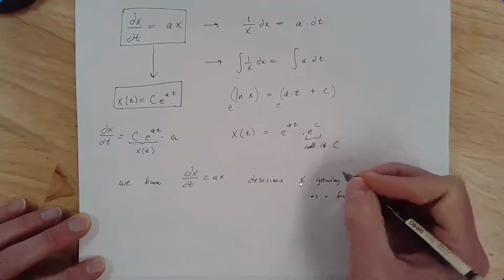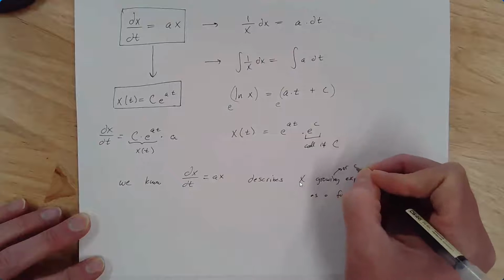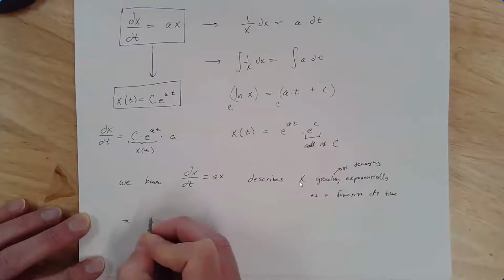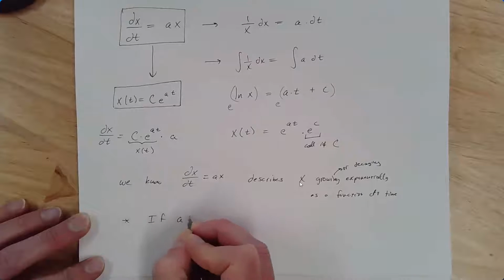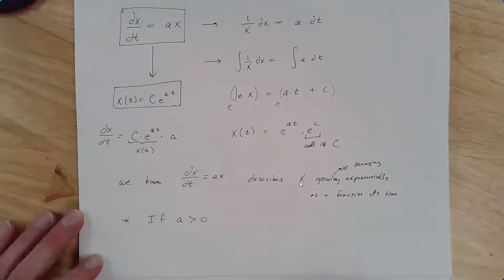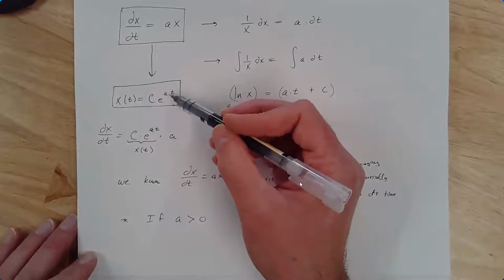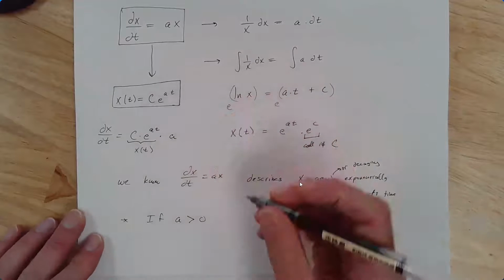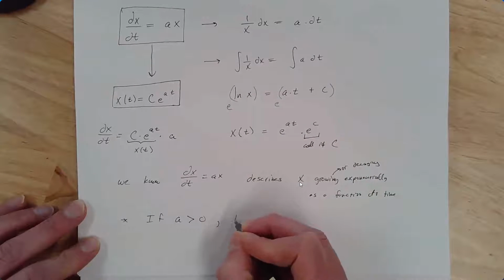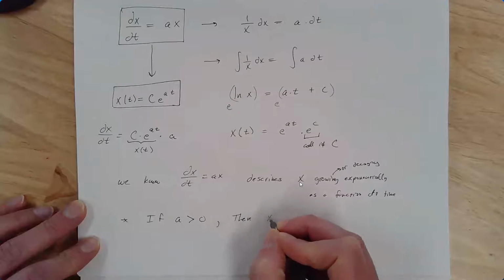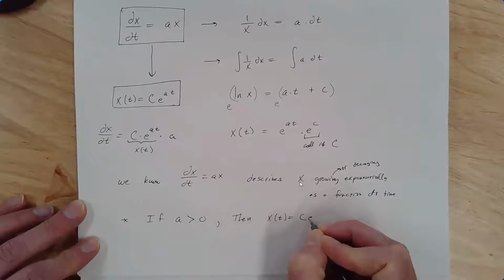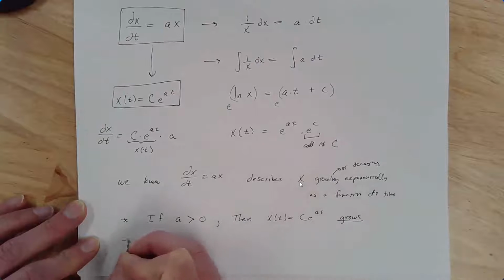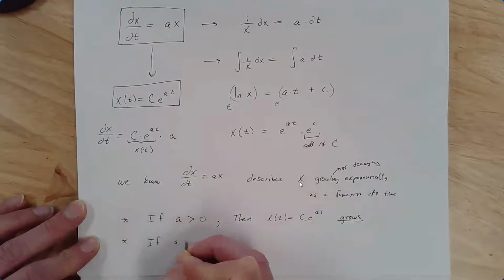It could be growing or it could be decaying. We know that if that constant a is greater than 0, then as time increases, this whole value is going to increase. So if a is greater than 0, then we have growth. And if a is less than 0, then we have decay.